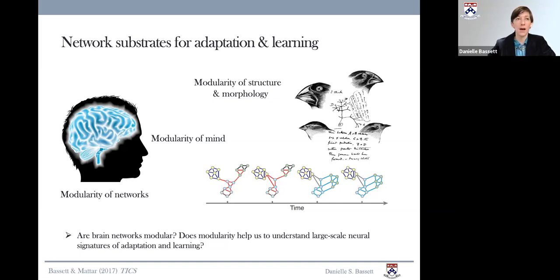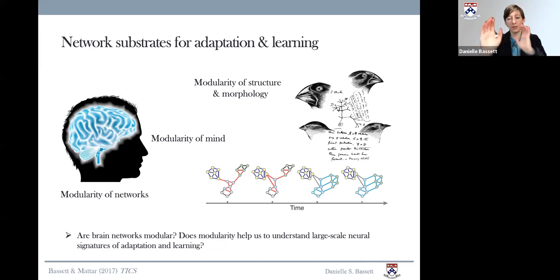And we can think about adaptation as a short time scale correlate of long time scale adaptation through evolution and development. So since other areas of biology have shown that modularity is important for long time scale adaptation, we can hypothesize that modularity of brain networks is important for short time scale adaptation in the context of learning.